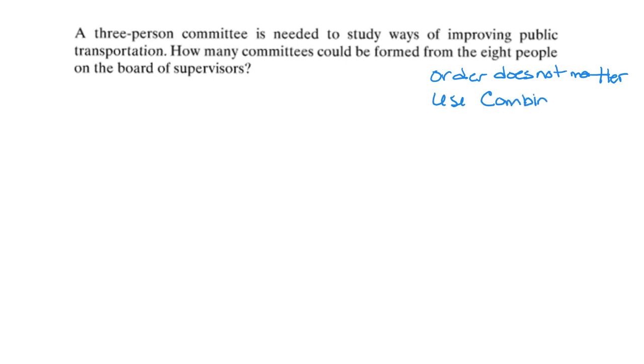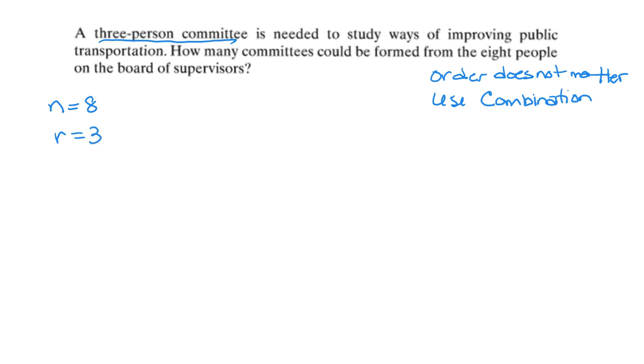So I'm just making a note to self over here so we know what we're doing. So in a combination, we need an N and we need R. So the number of people that we are choosing from are the Board of Supervisors. So we have N equal to 8, and we have a 3-person committee. So R is 3.